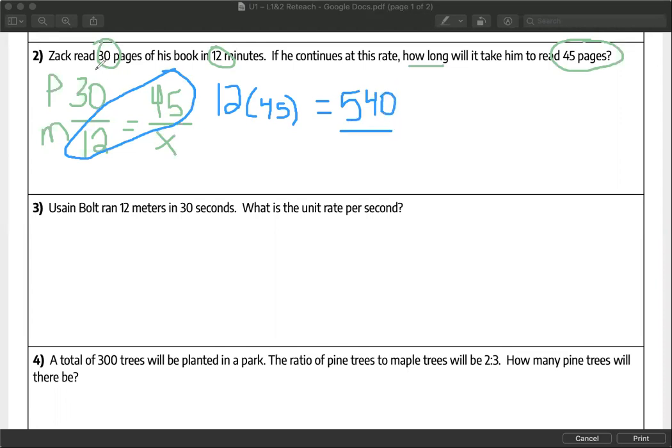And we're dividing by the number that's in the same diagonal as the variable, which is 30. 540 divided by 30 is 18. And what units were we solving for? X was on the bottom, which matches with minutes. So 18 minutes to read 45 pages.